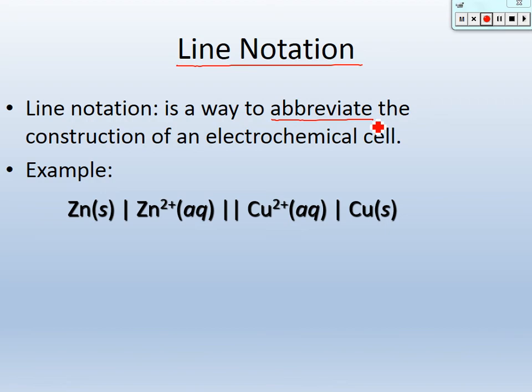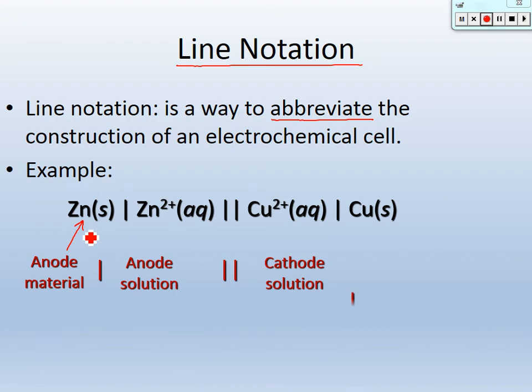So we have zinc, line, zinc plus 2, 2 lines, copper plus 2, line, and then copper. So if we look at this example, it means something. It's a way to abbreviate the construction of an electrochemical cell. So what you're going to notice is that the anode material is listed first.